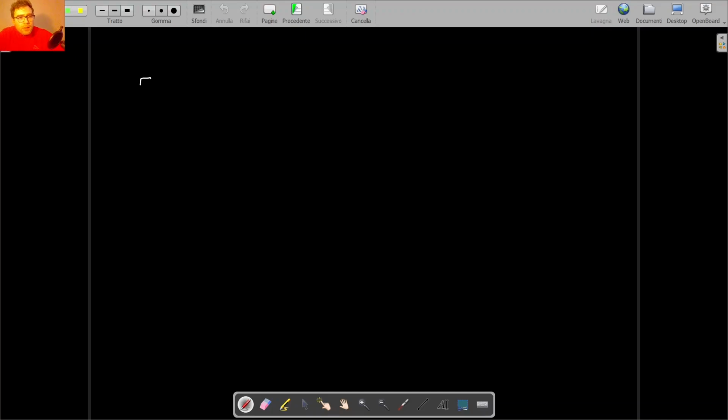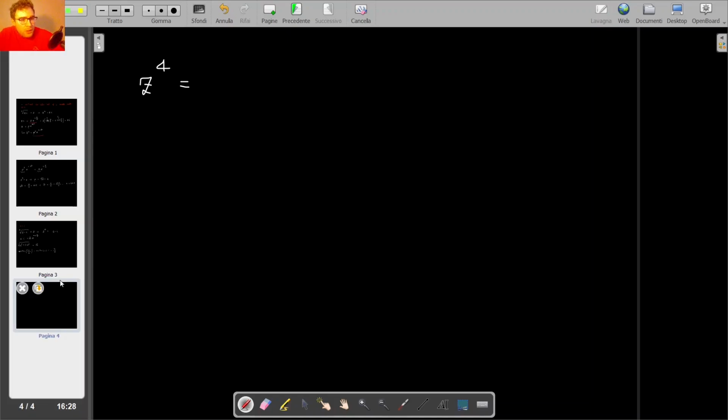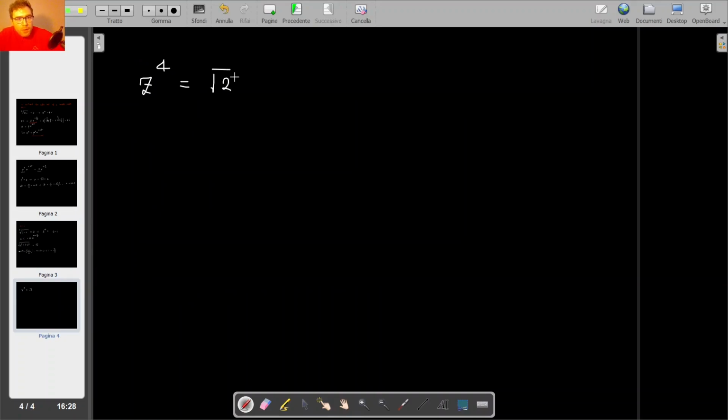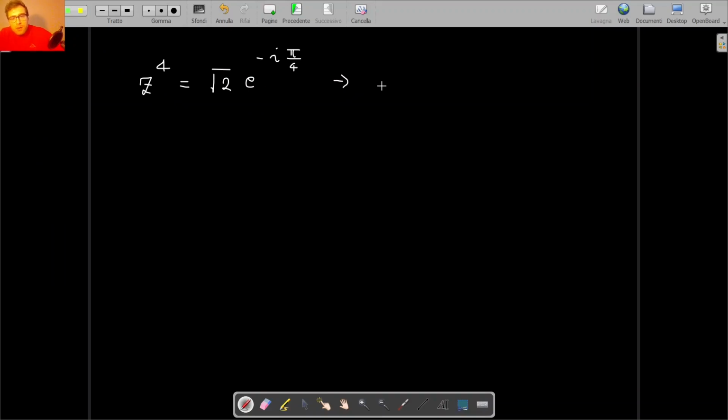We have that z raised to the 4th power is equal to square root of 2 e raised to minus i pi over 4. Then we remember that we have to write here rho to the 4th power multiplied by e raised to i 4 theta is equal to square root of 2 e raised to minus i pi over 4.